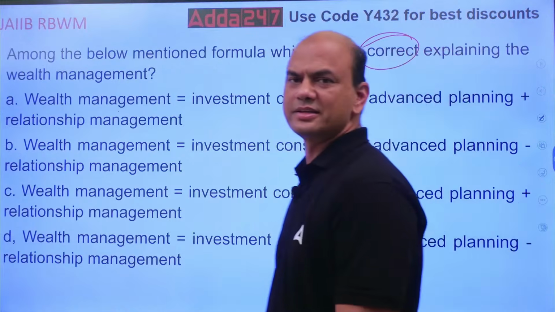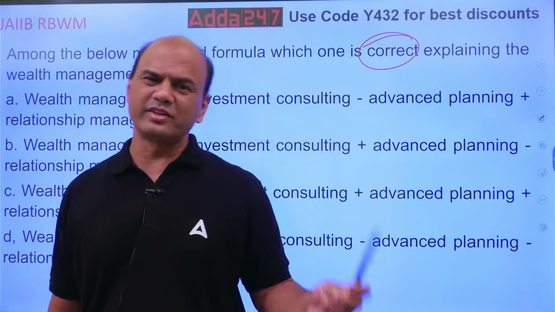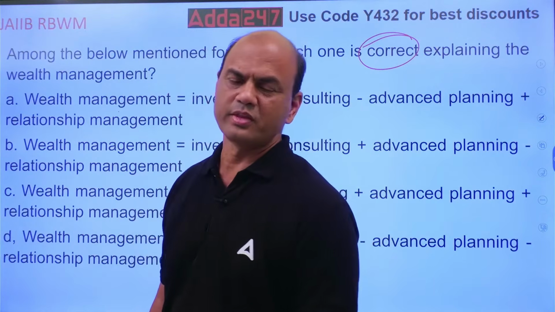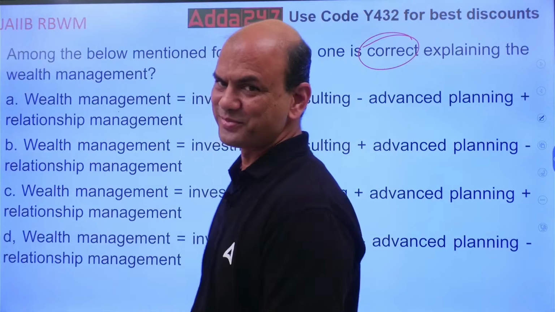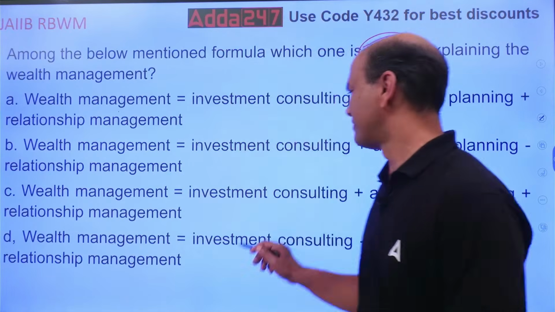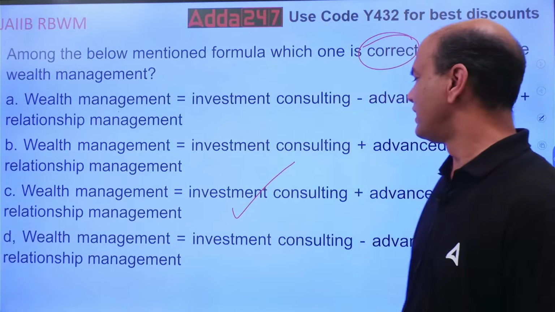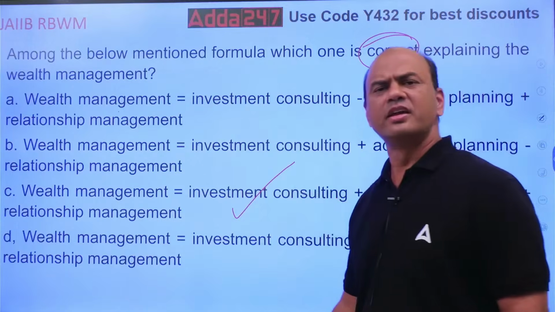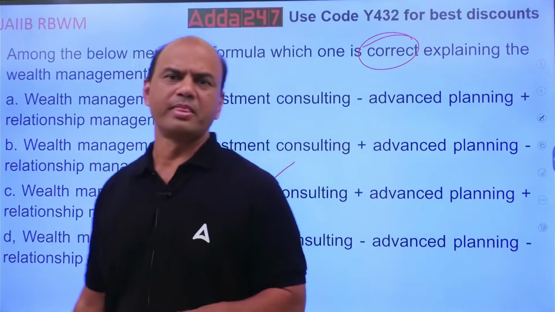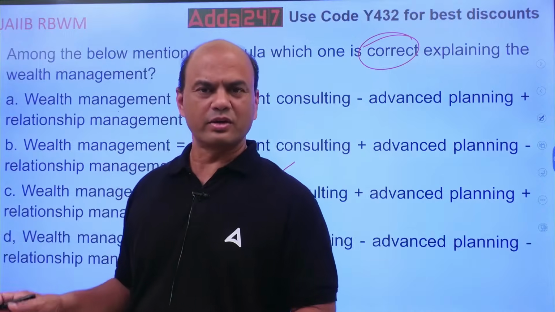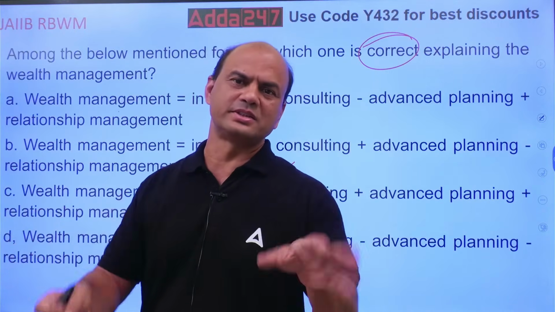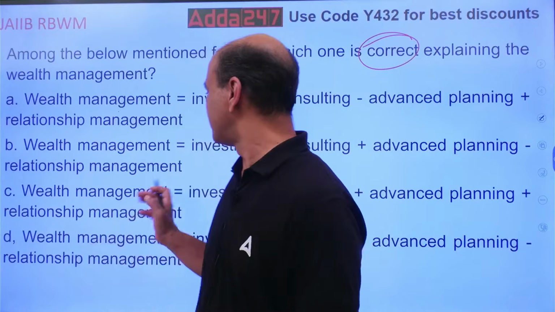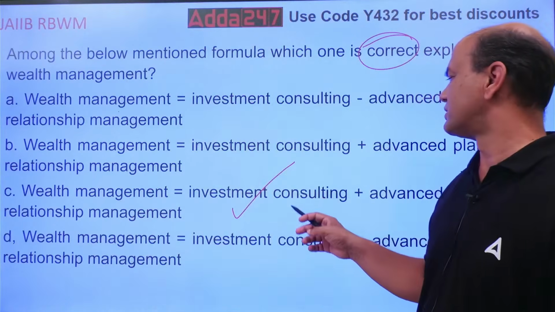So which is the correct answer? Although it's given in the form of a formula, after all it's a definition of wealth management. Investment consulting plus advanced planning plus relationship management. Everything is required. Whenever you are in business, not only wealth management, any business, everything is required. You require investment consulting.